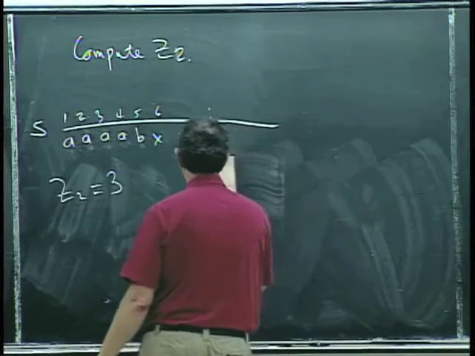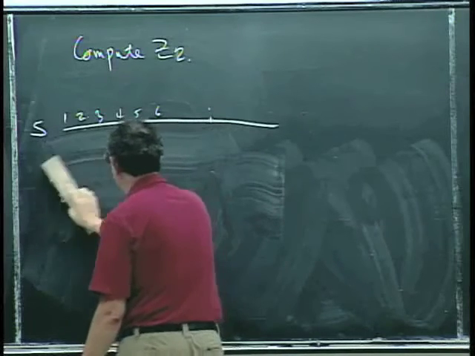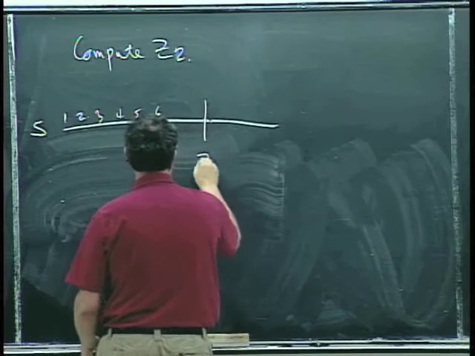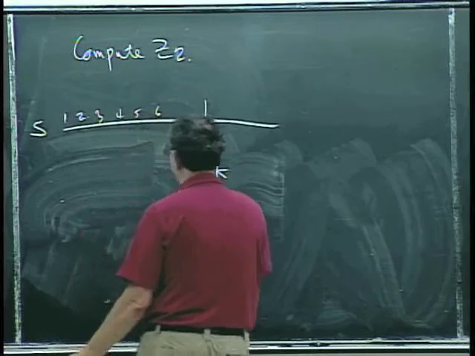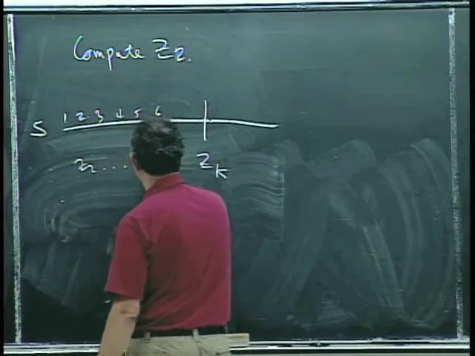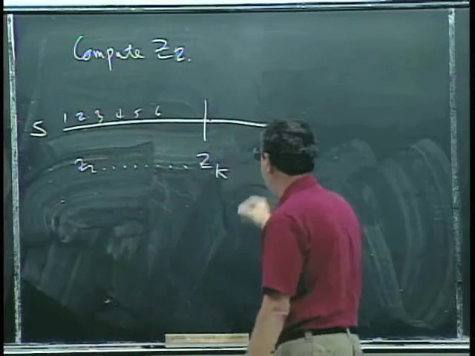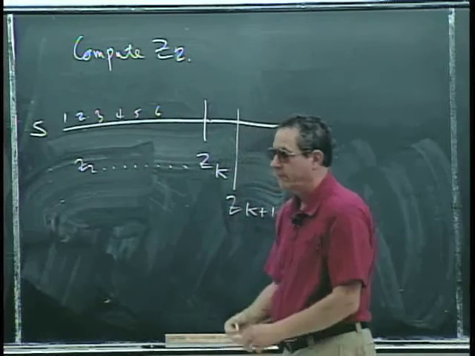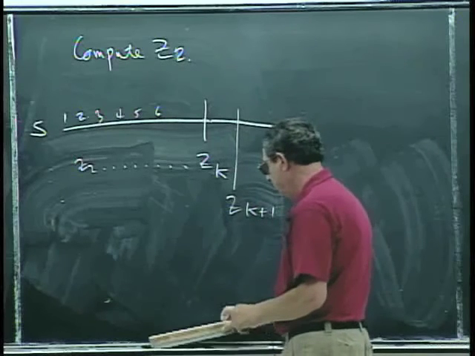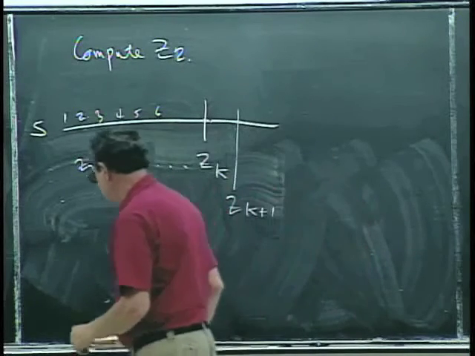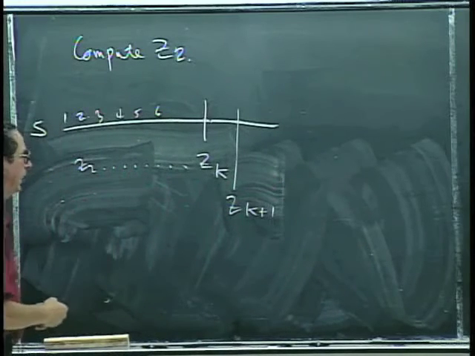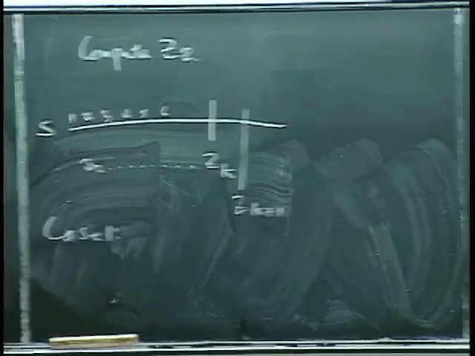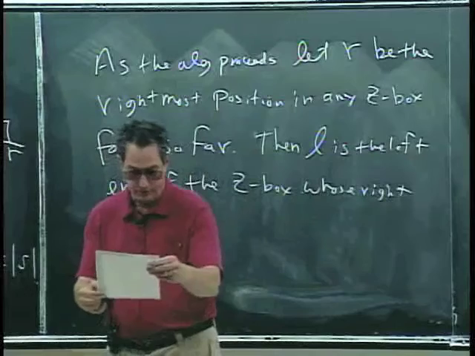All right, so let's just say we have gone on, and we've already computed Zk. So we've computed Z2, Z3, all the way up to Zk, and now we're trying to compute Zk plus 1. There's going to be a couple of cases that relate K and R. I'm using the notation of what's in the notes.